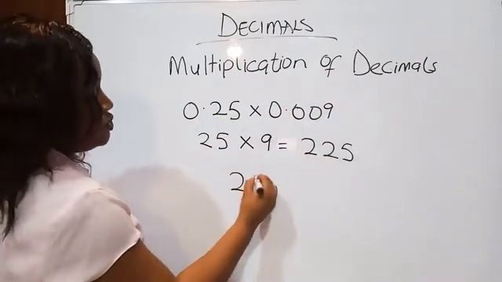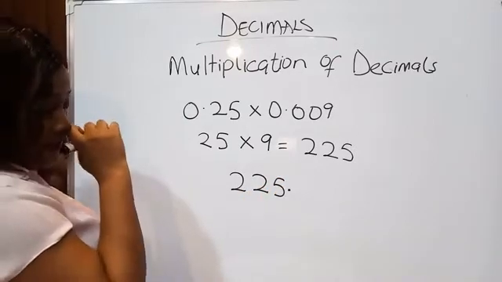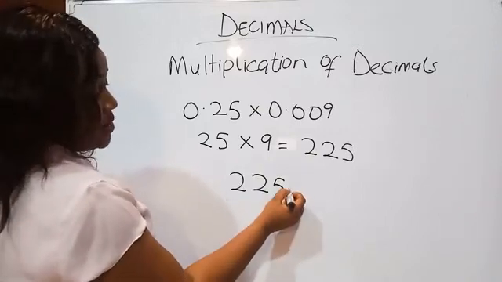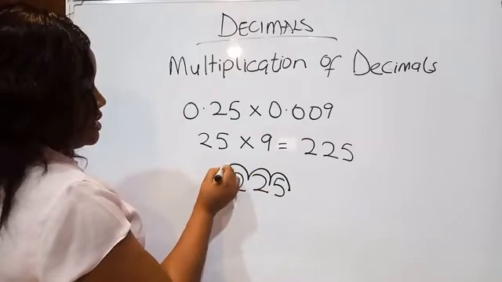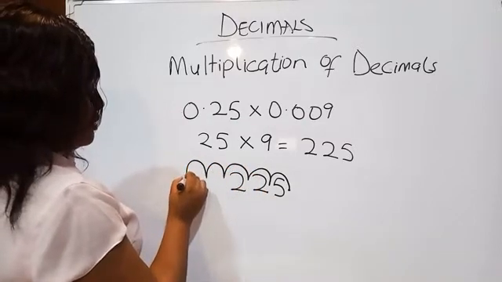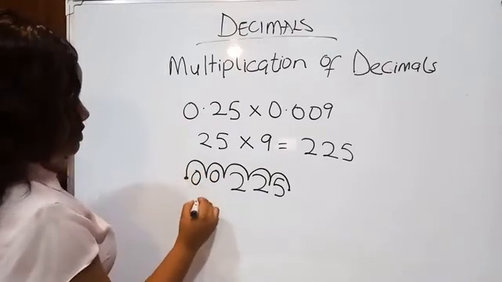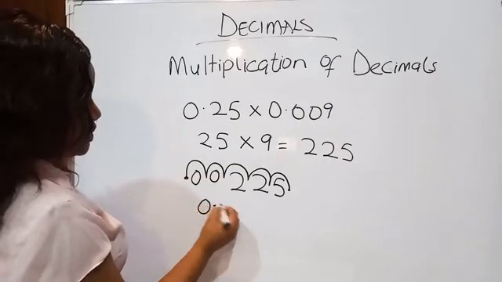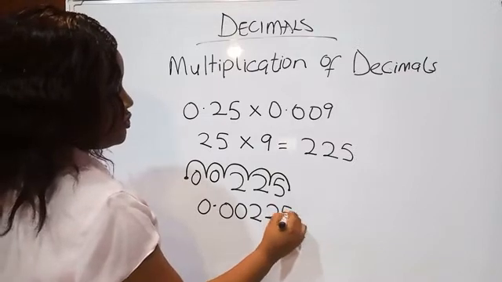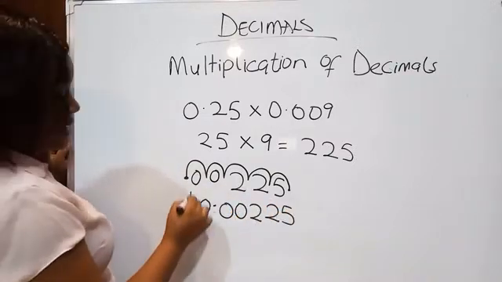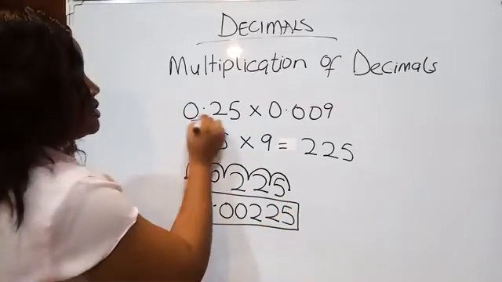So you have 225. You start from your decimal point here. The decimal point is moved backwards. You have 1, 2, 3, 4, 5. Decimal stays here, and these are 0, 0. So you have the answer to be 0.00225. And so this, my dear friends, is the answer to the above question.